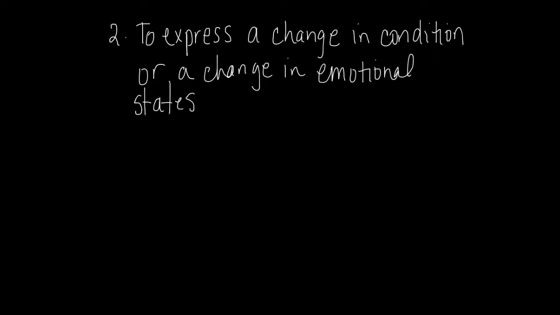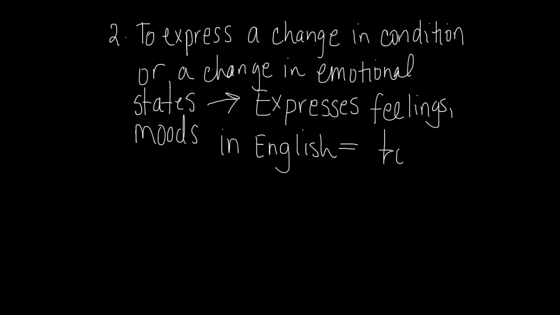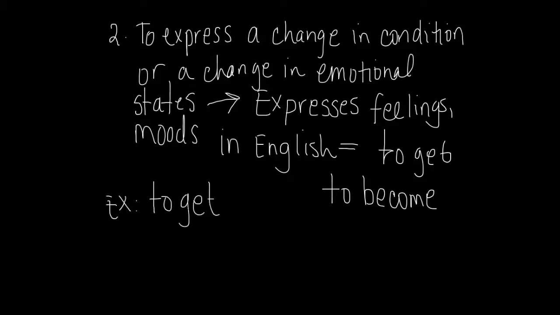So basically it is when we want to express a change in feelings or moods, and it is the equivalent in English of the verb to get or to become. So for example, if we want to say to get angry, then we would simply use the form enojarse.